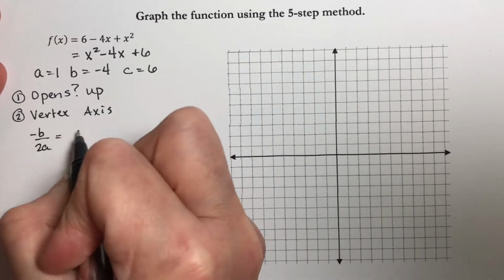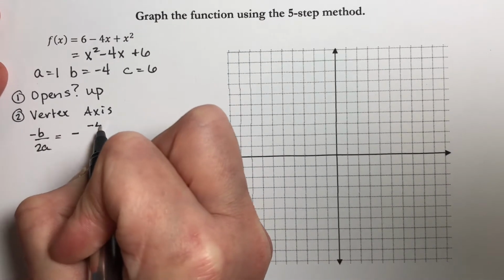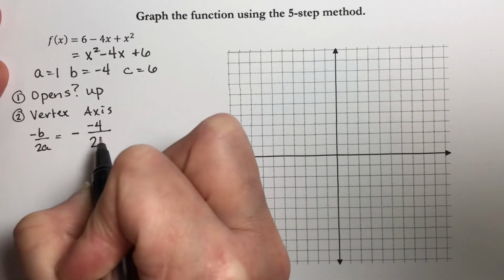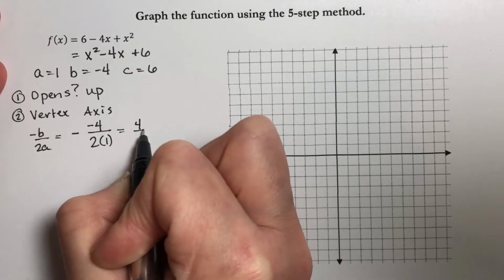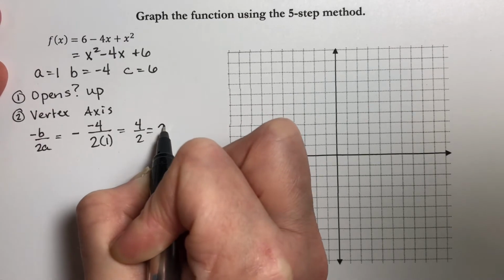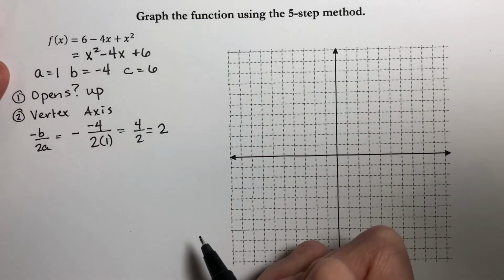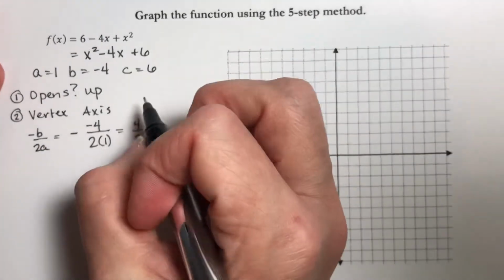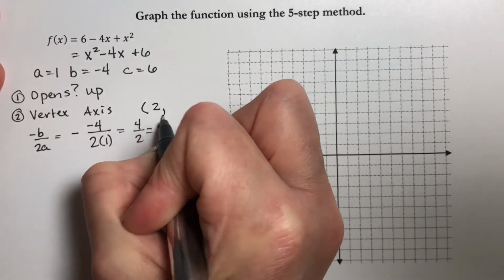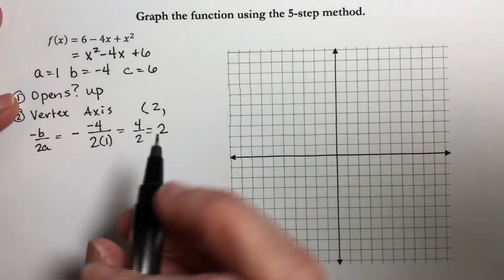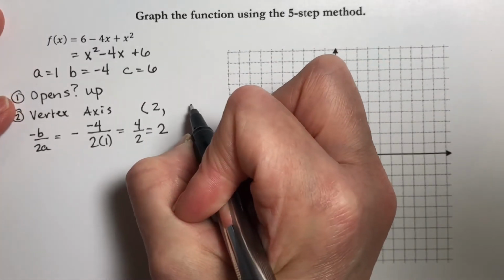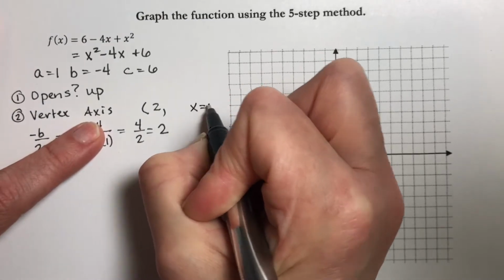So this will be -4 over 2 times a, which is 1. So I get 4 over 2, which is 2. So the x-coordinate of my axis is 2. The x-coordinate of my vertex is 2. The axis of symmetry is x equals 2.